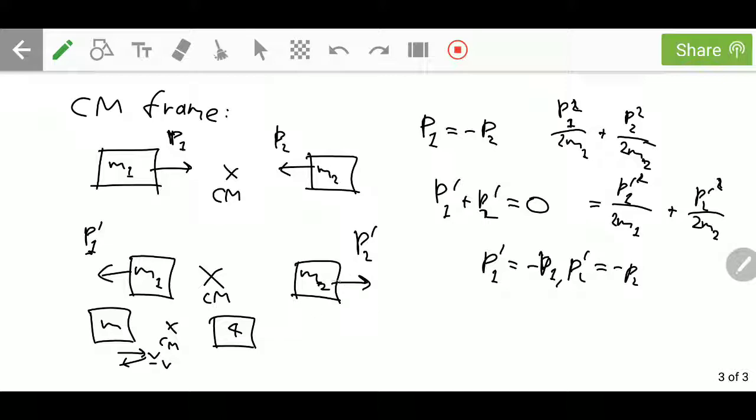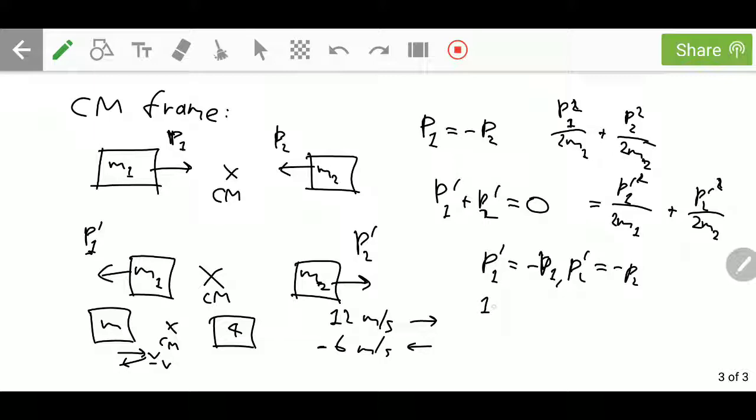But we know that in our original frame of reference, we have 12 meters per second to the right, and then 6 meters per second to the left, and so that's really negative 6. And so the question is, in what frame of reference will the two velocities actually be equal in magnitude but opposite in sign? And some relatively easy calculation.